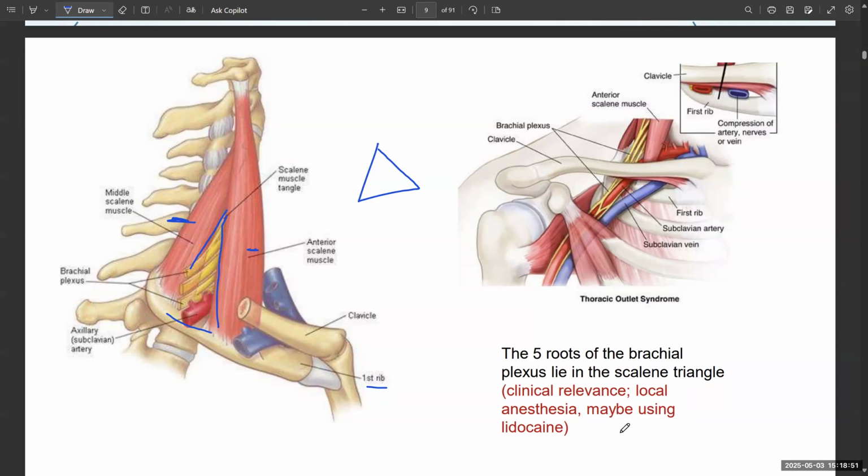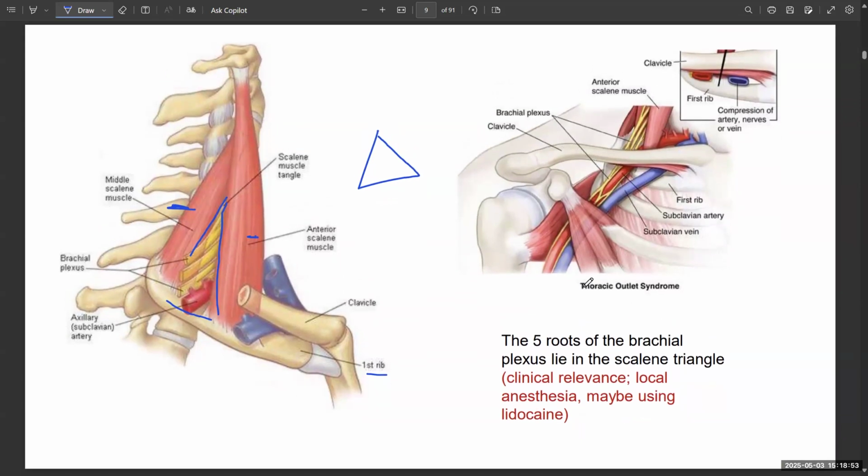That is local anesthesia. Another thing is thoracic outlet syndrome. Now, this is kind of important because if, for example, there is a congenital cervical rib, it is going to compress the brachial plexus over here at this very location, okay? And that is, again, going to cause numbness and tingling in the arm.